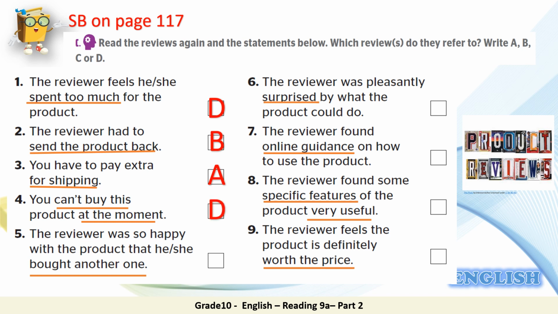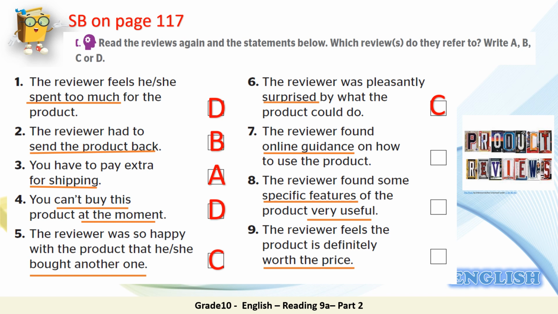And which reviewer was so happy that he bought another piece of the same product? Excellent. It was the backpack buyer. And the one who was surprised with what he found in this product, excellent, it's the same buyer, the backpack buyer. And for number 7, who found online guidance on how to use the product?